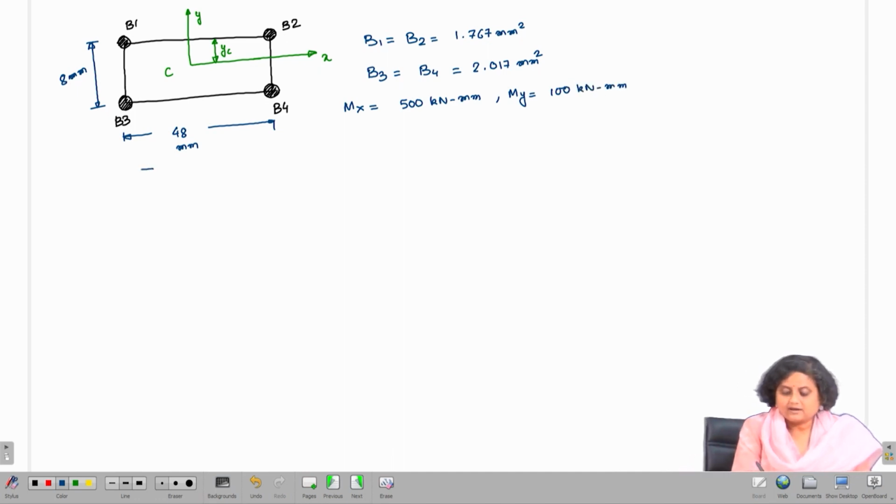Now, to find out sigma z, we have to use the old expression that we have used earlier.